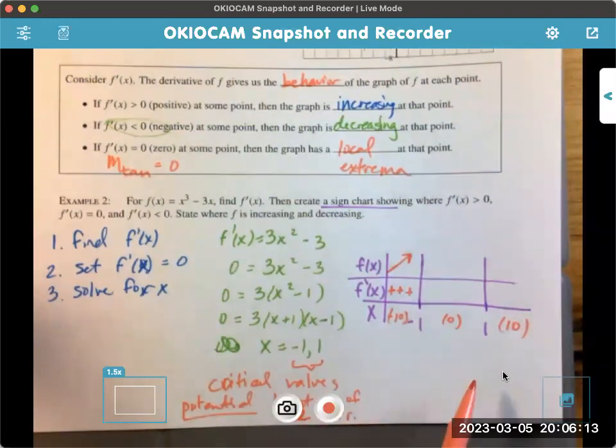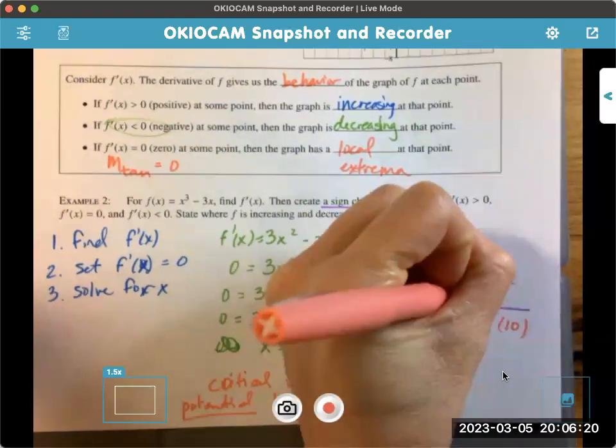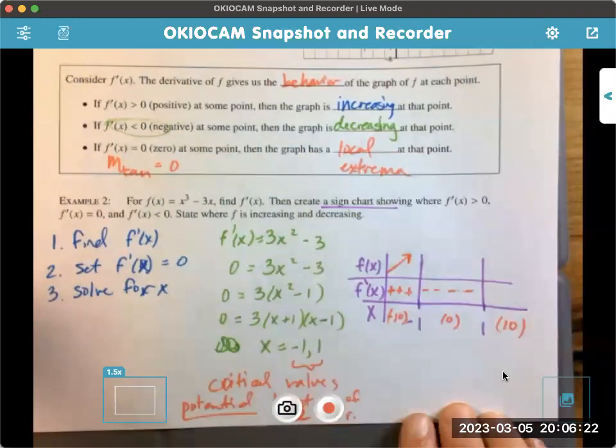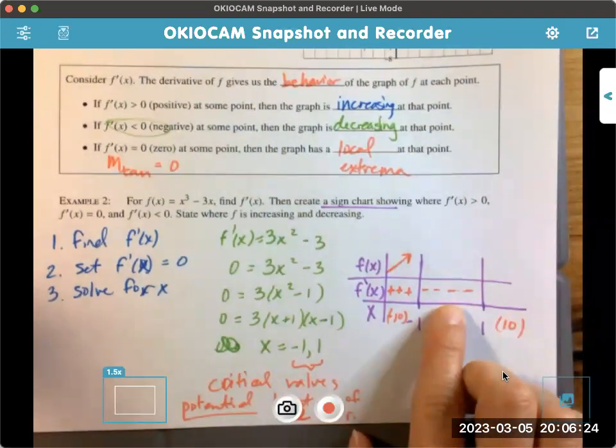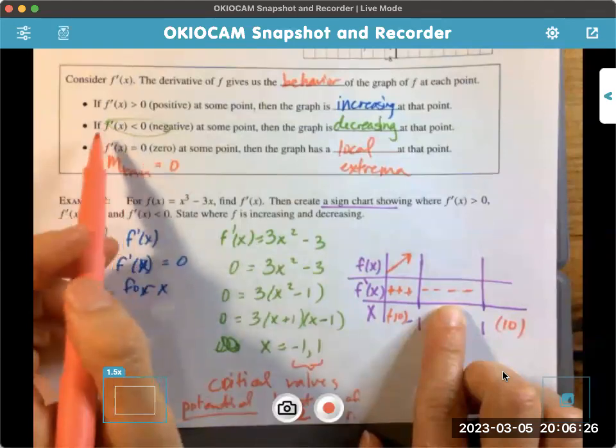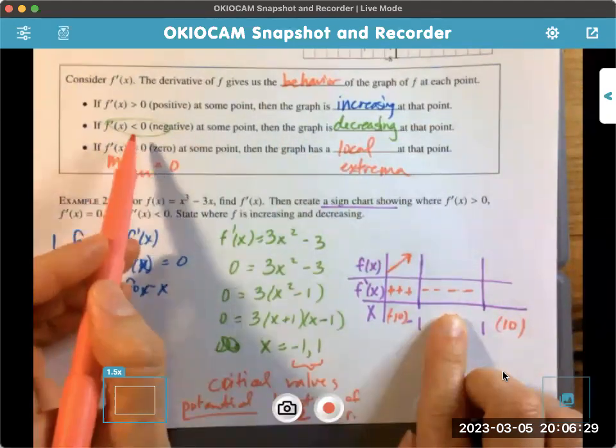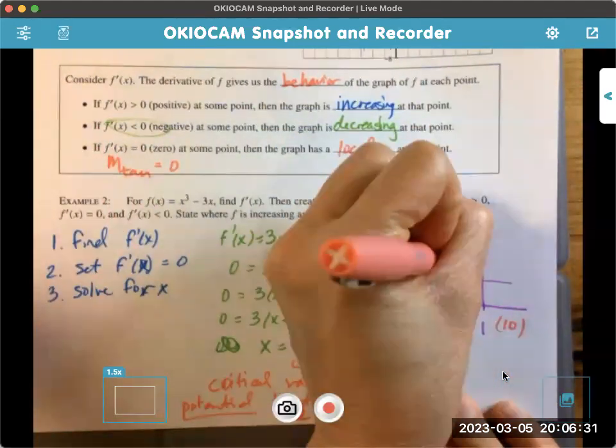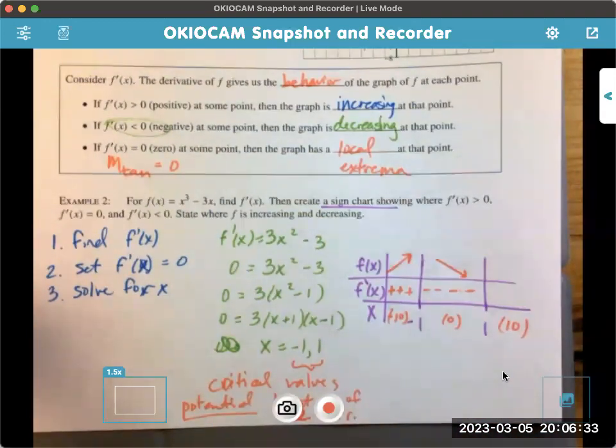Now, if I choose 0, that's a positive times a positive times a negative, which spits out an overall negative. Again, don't care what the number is. I just care that it's negative. So from here, the second bullet, if the derivative is negative, f is decreasing.